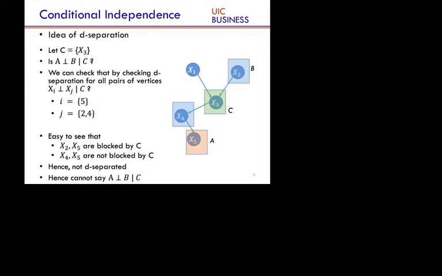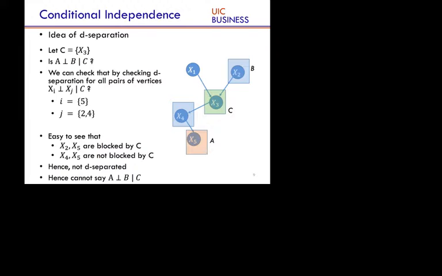So d-separation relies on paths being blocked or not. So you need to know what graphs are and what paths are on graphs. And then whether a path is blocked or not, there were two types of conditions that you wanted to check. For example, conditioning on a variable or a set C, whether that set C has a head-to-head structure or some other structure.